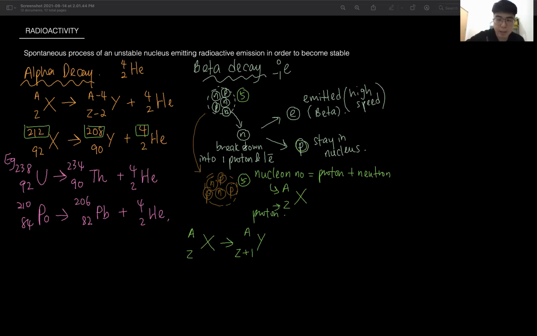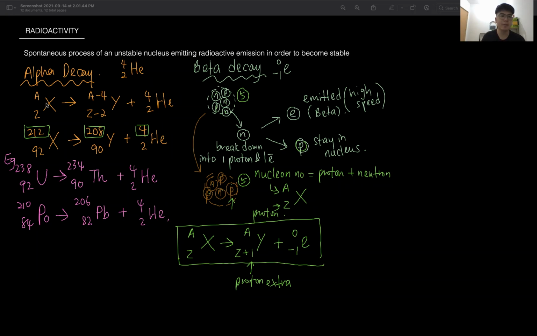Because 1 neutron has changed to proton. Remember this, 1 neutron changed to proton, so you got 1 extra proton here. That is why we plus 1. After the decay, you plus 1, this is the extra proton from the breakdown of the neutron. And then we plus the electron, 0 and negative 1. Make sure it's balanced. A, 0, it's balanced. Z, 1 minus 1, it's balanced. So this is the equation for the beta decay.